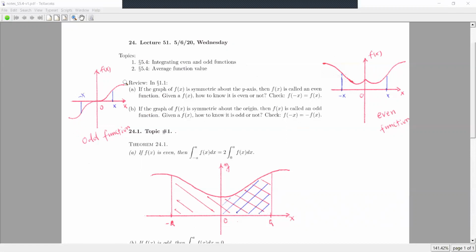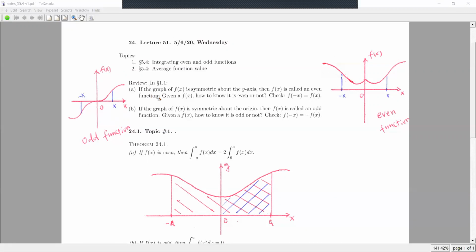If a curve is symmetric about the origin, then the curve should have the heights at these 2 points. But the heights at these 2 points have different directions. Say at x, suppose the height is in the positive direction, then at negative x, the height should be in the negative direction.